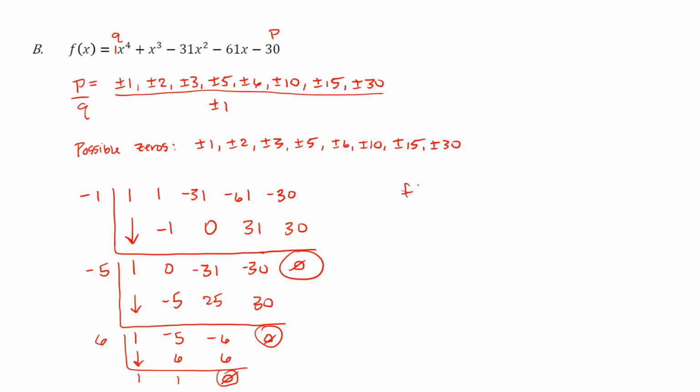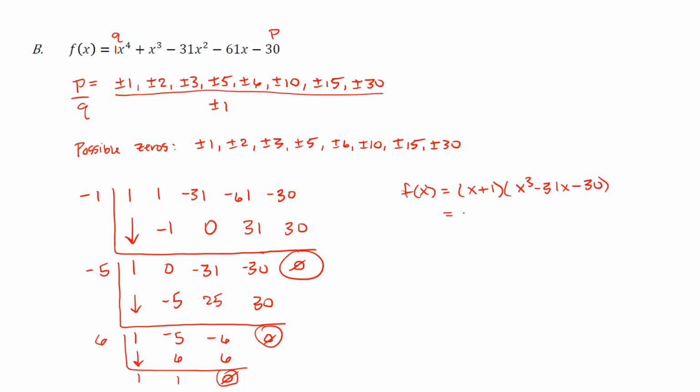So let's now write f of x in factor form. We started off by dividing our function f of x by -1, which is a linear factor of x plus 1, which gave us x cubed minus 31x minus 30.